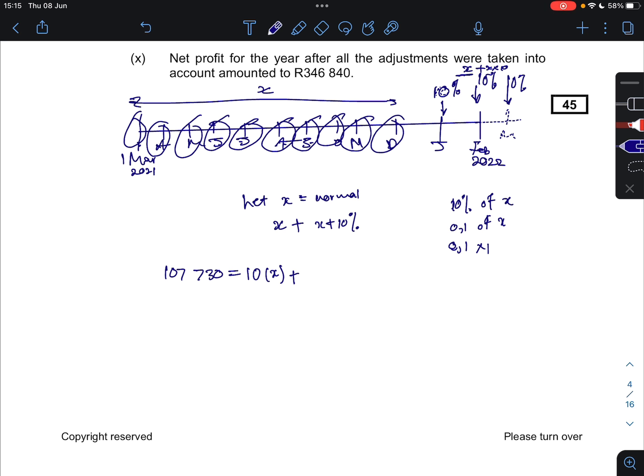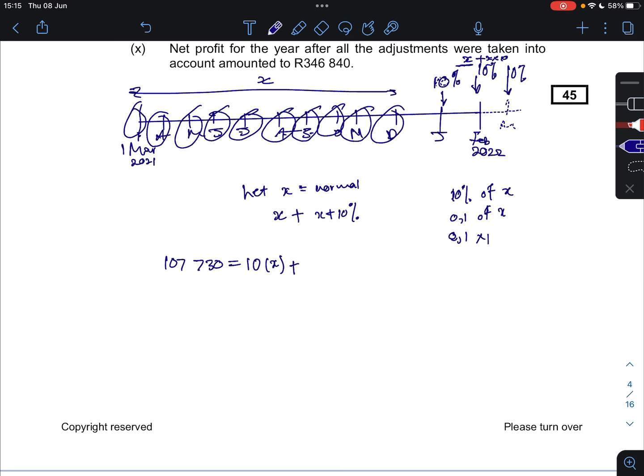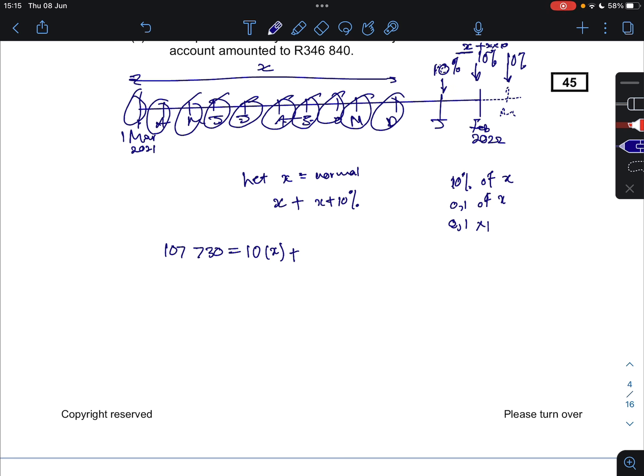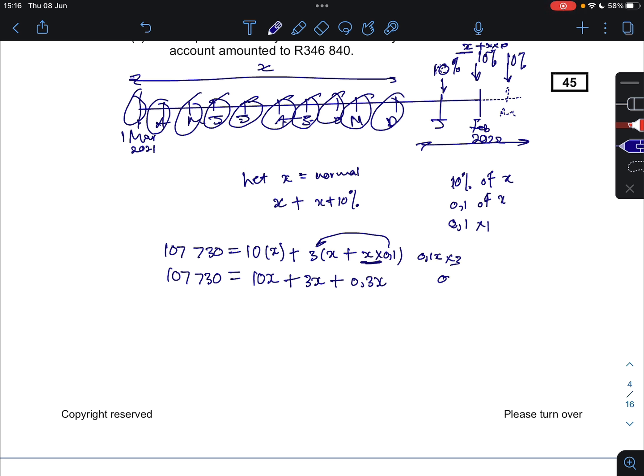If it is not correct, we will do the recalculation. 10X, and then we have 3 months of X plus X times 0.1, and that gives us 10X plus 3X plus 0.3X, because 0.1X times 3 gives you 0.3X. So that's how I got the calculation.